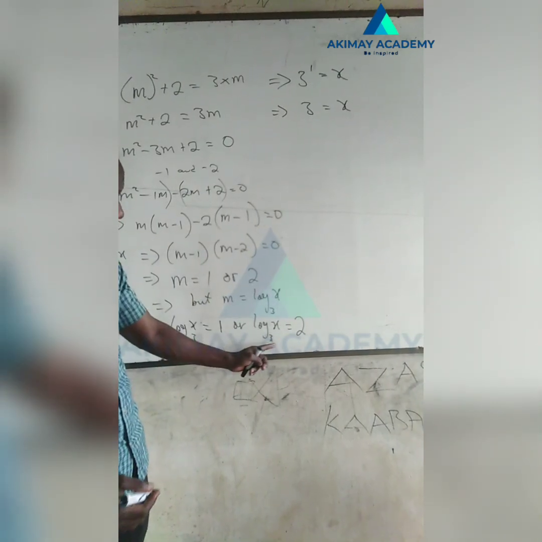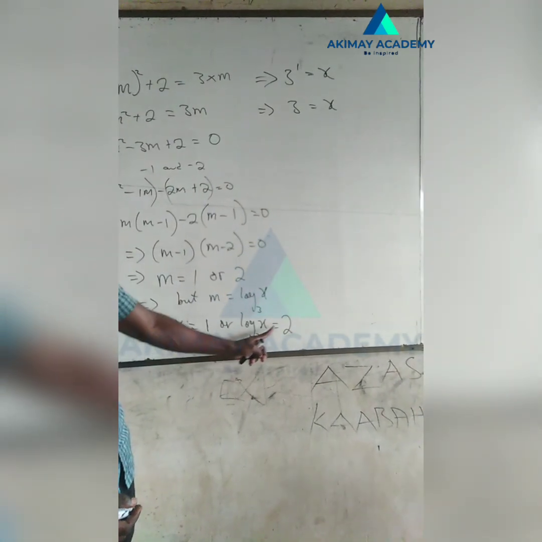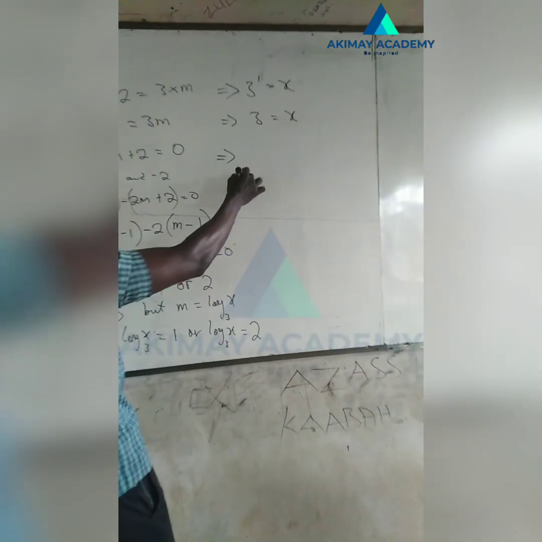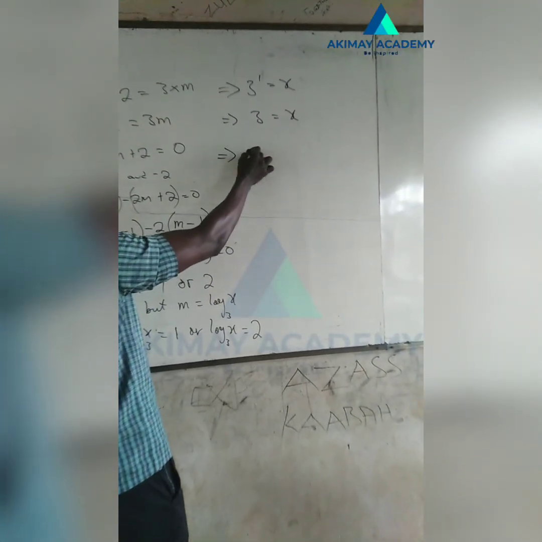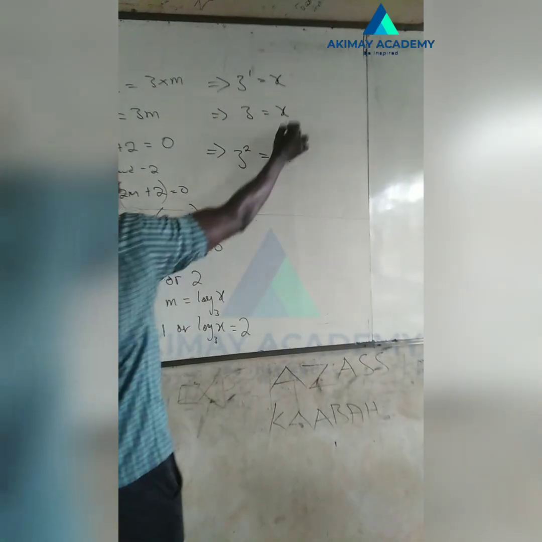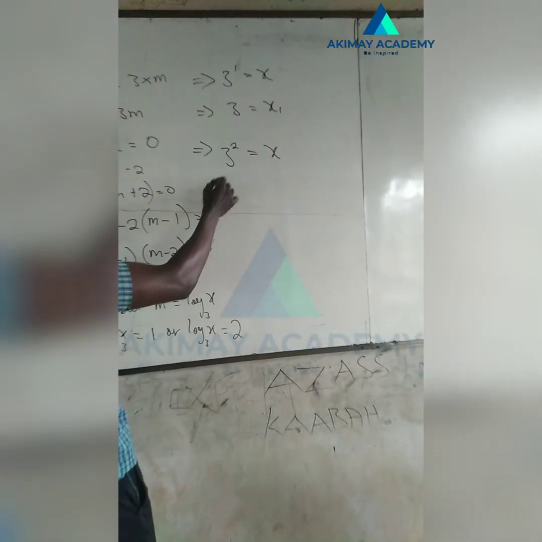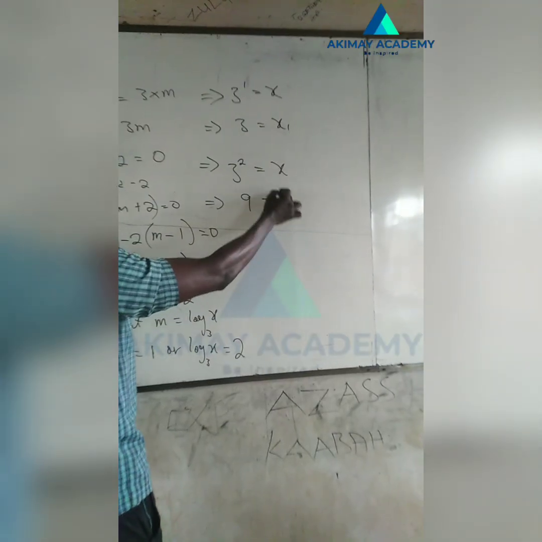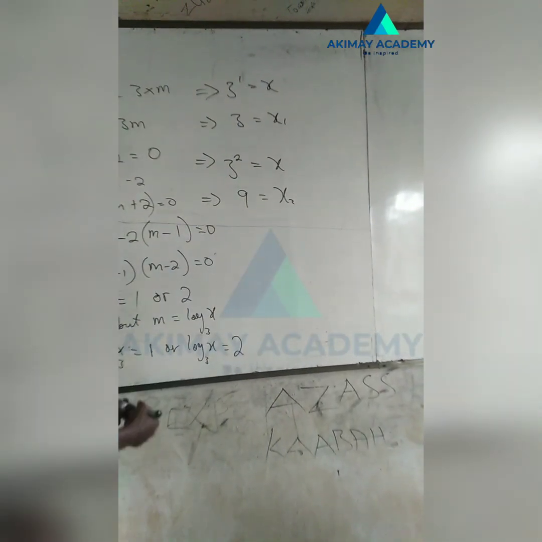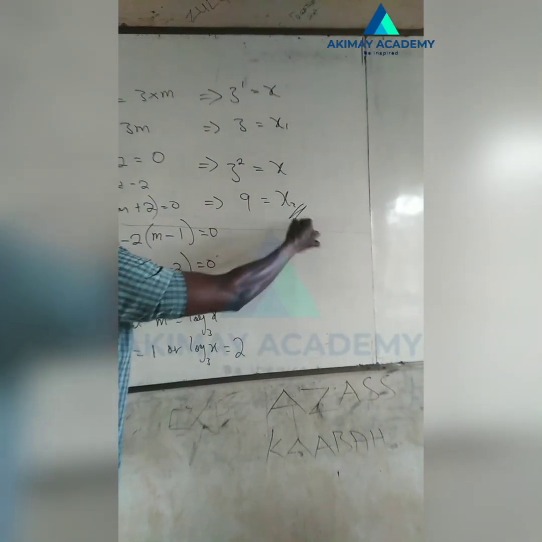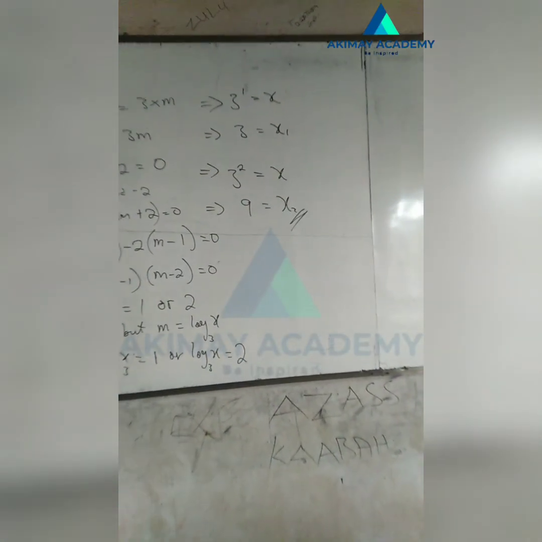Let's convert it to indices. We are going to have the base of 3, exponent of 2, equals x. So 3 exponent 2 is 9, which equals x. So this is our x1 and this becomes our x2. So this is what we have as our solution for the problem given.